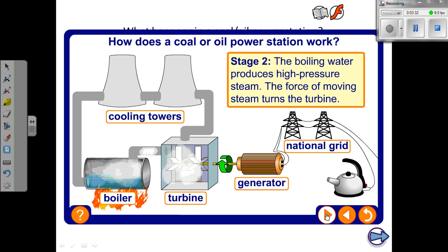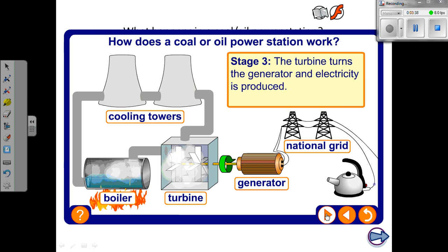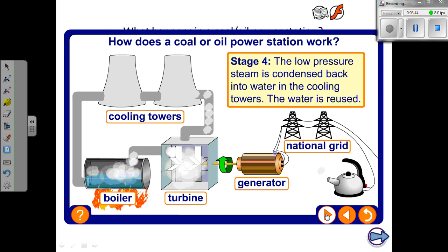The boiling water produces high pressured steam, forcing the turbines to move. This then turns the generator and produces electricity. The low pressure steam is condensed back into water in the cooling towers, and the water can be reused again.